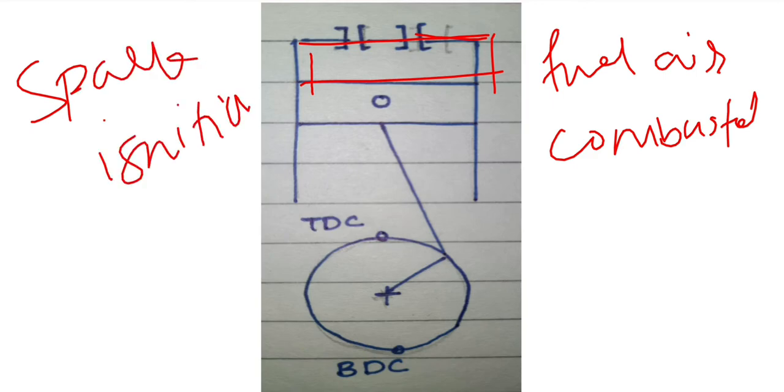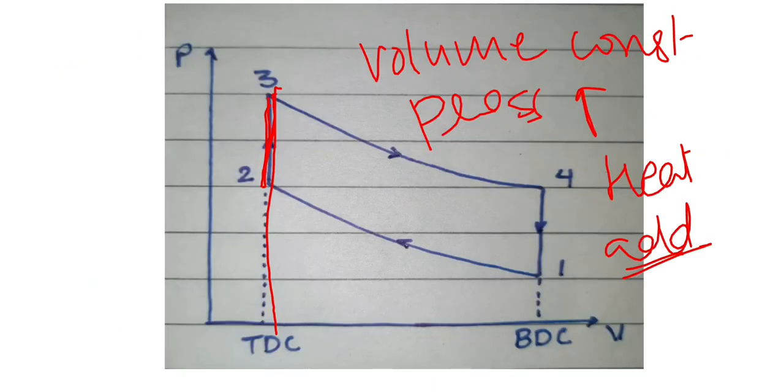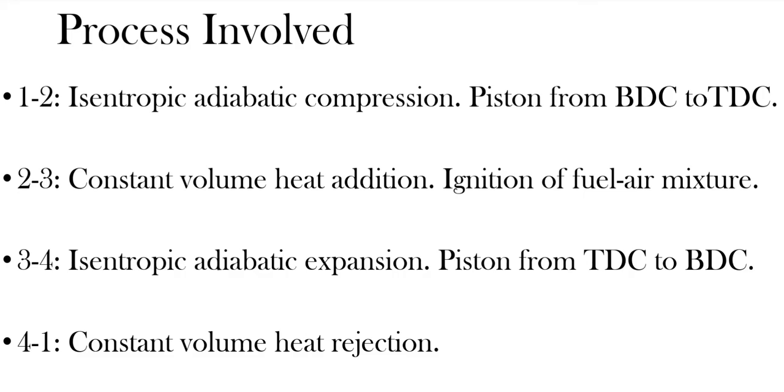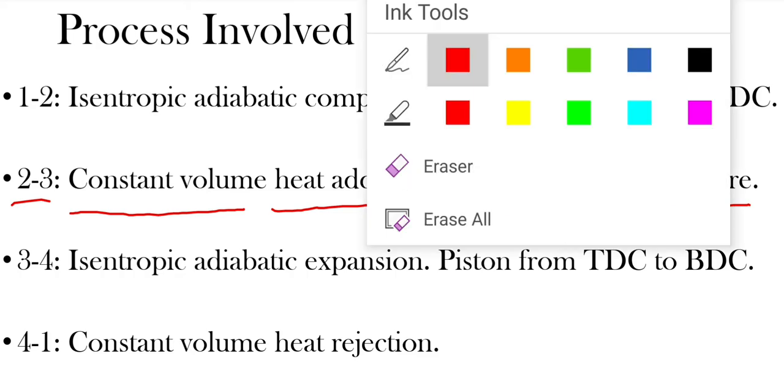Due to the spark ignition, the temperature rises and we say that heat is added to the mixture. See here, from 2 to 3, at constant volume, heat is added, the ignition of the fuel air mixture takes place.